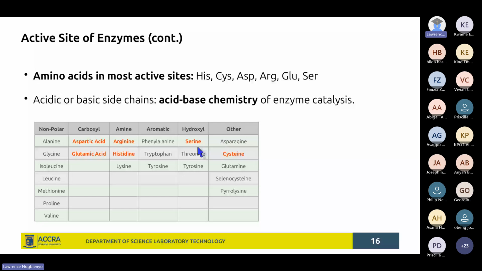Cysteine is having a sulfhydryl group, SH, and so that sulfhydryl group is also reactive, can release protons and have such activation of the enzyme by the transfer of protons from the sulfhydryl group.